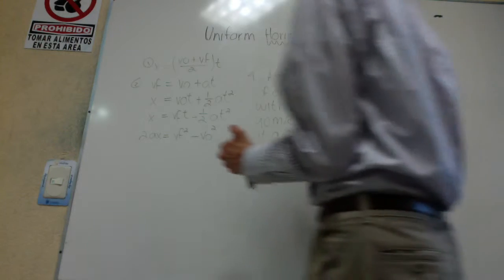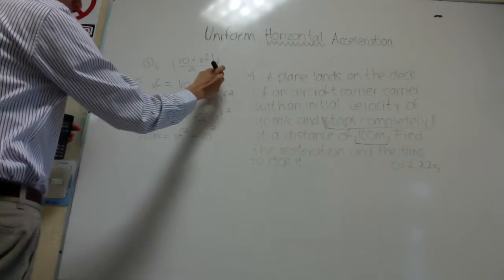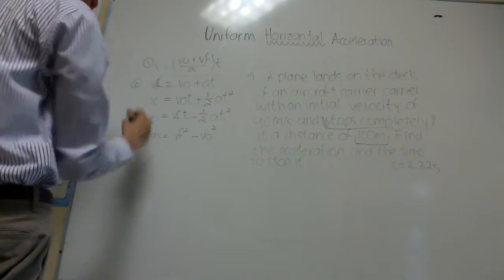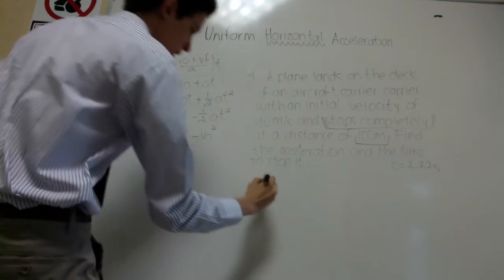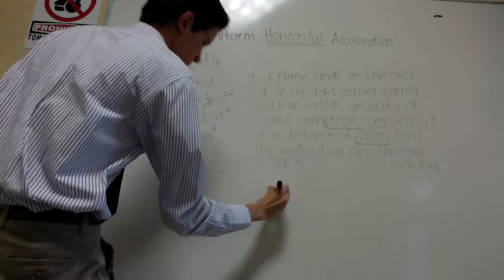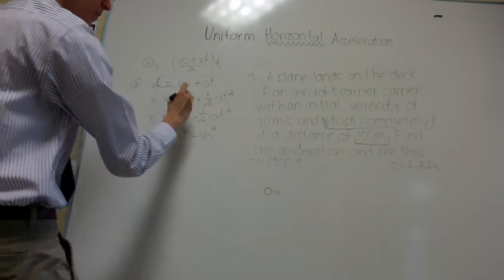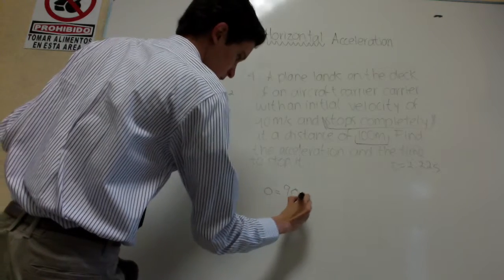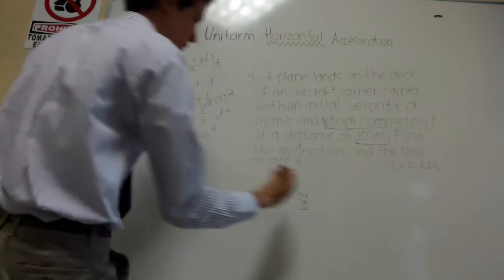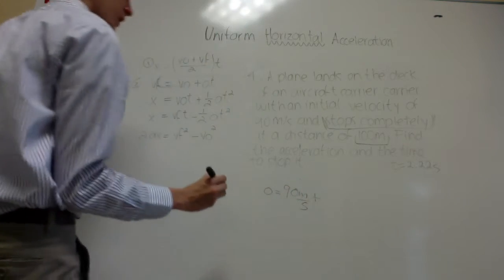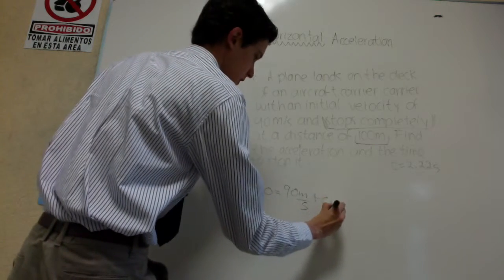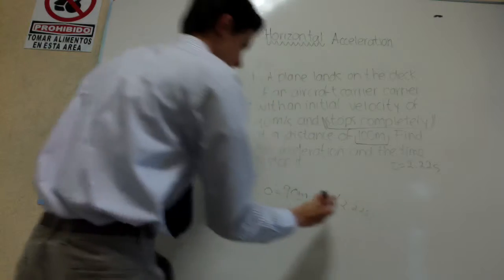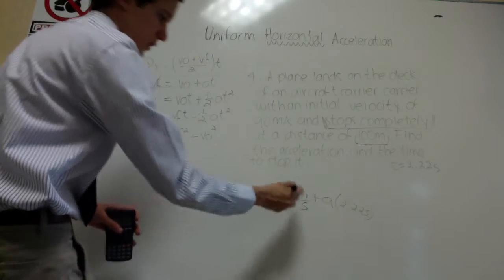And now I can use this formula to find the acceleration. I have the final velocity equal to 0, initial velocity 90 meters per second, plus acceleration times time, 2.22 seconds. So it is going to go to the other side, negative.